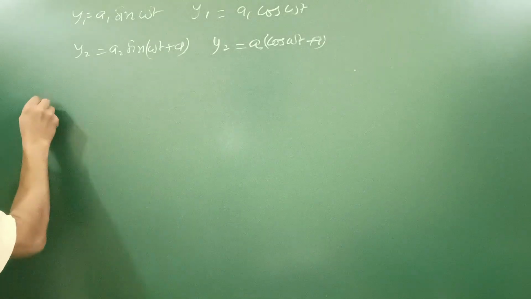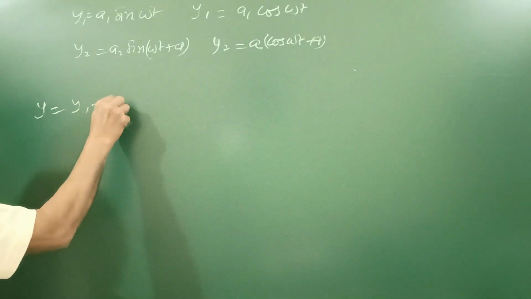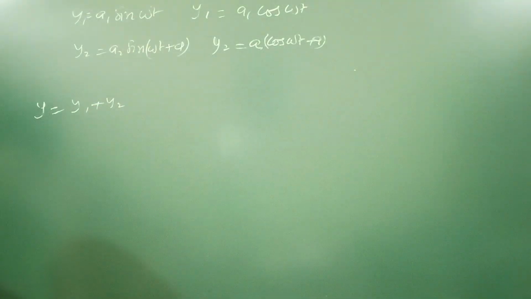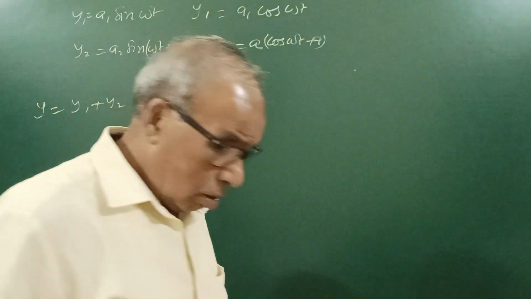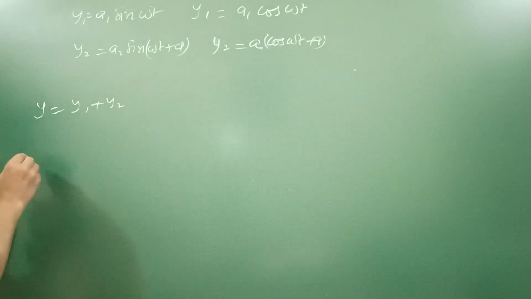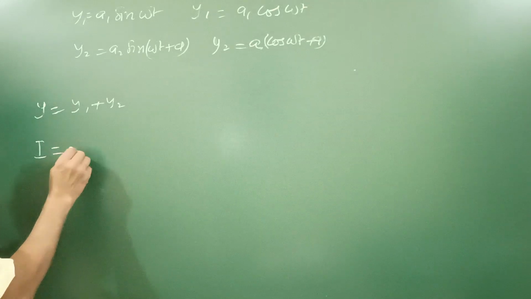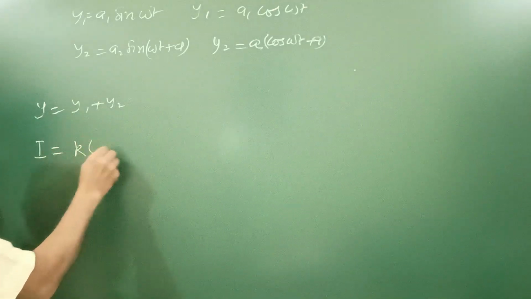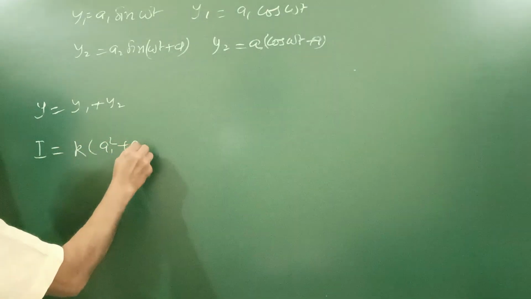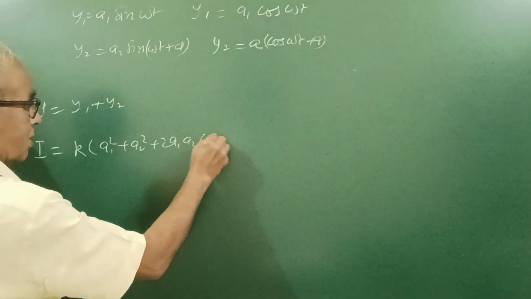If these two waves superimpose, we get the resultant wave as the vector sum of the two. And while deriving, you can see the derivation of these. So we got the intensity of the wave as k bracket a1 square plus a2 square plus 2 a1 a2 cos phi.